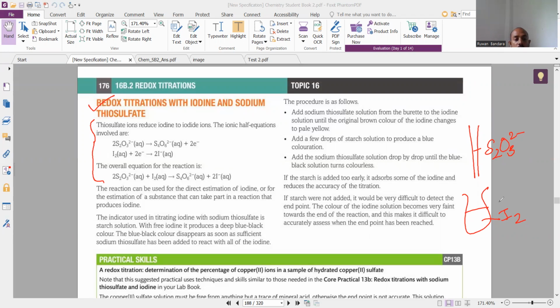And as soon as excess sodium thiosulphate has been added, the blue-black color disappears to form a colorless solution.